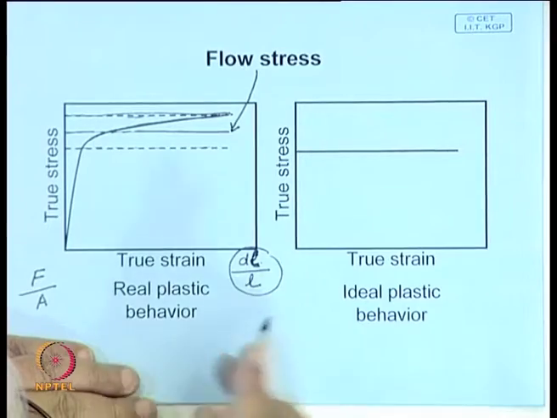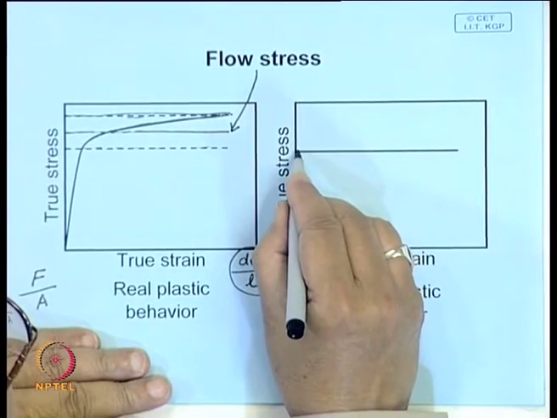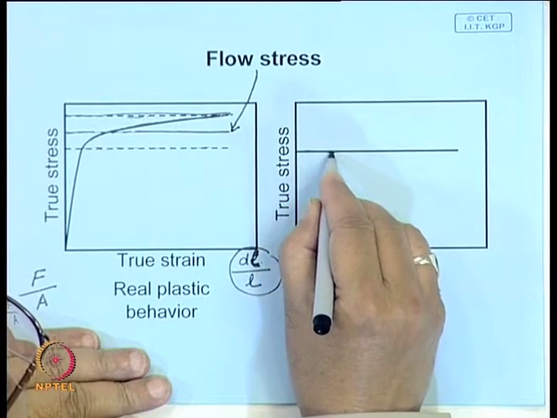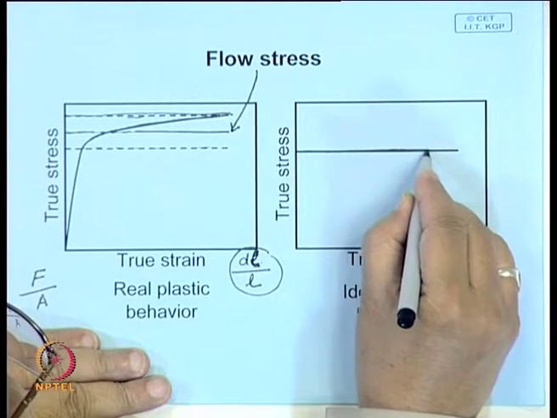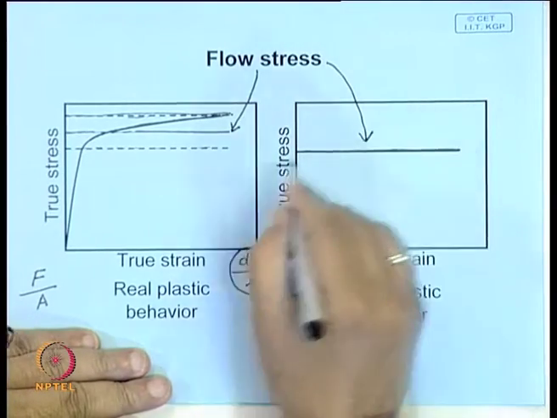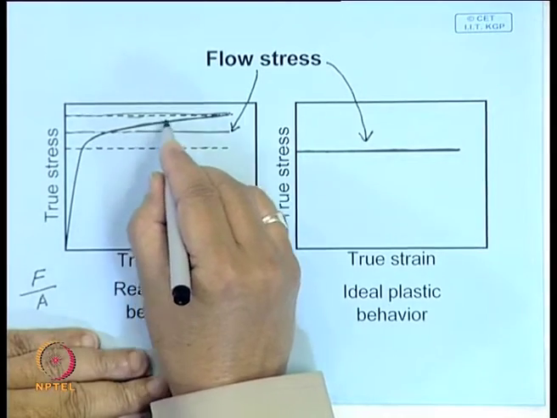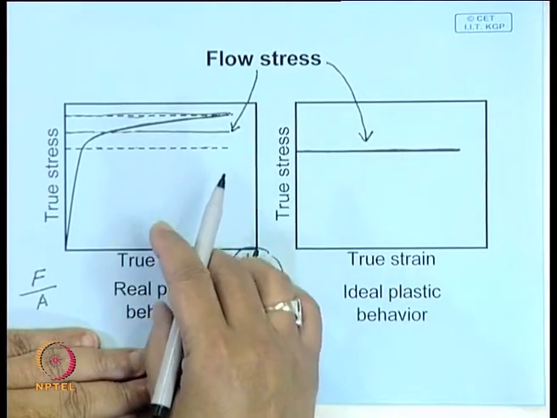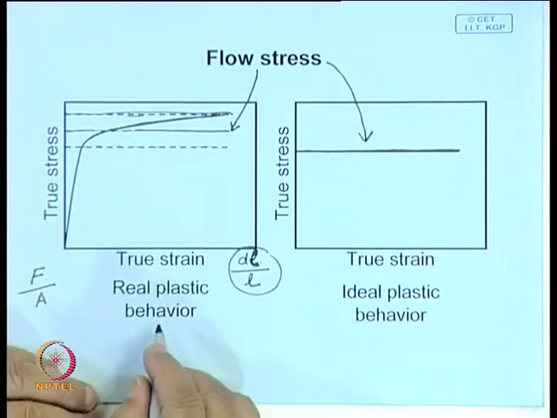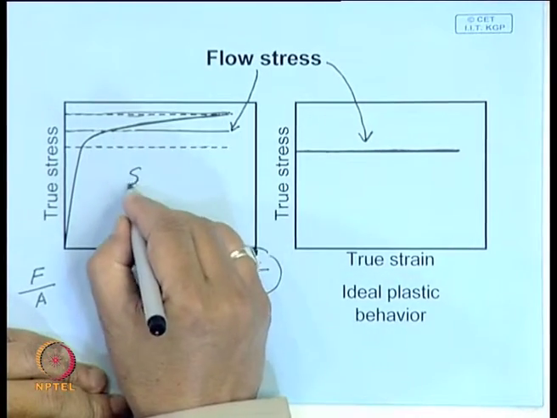Now, an ideal plastic material is one which flows very easily. So, this is your flow stress. In this particular case, flow stress increases as the material deforms. So, this is called strain hardening. So, there is a strain hardening here.